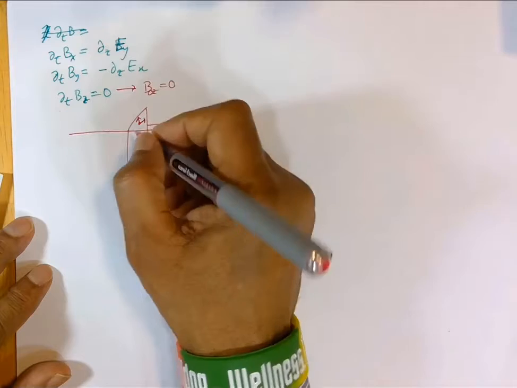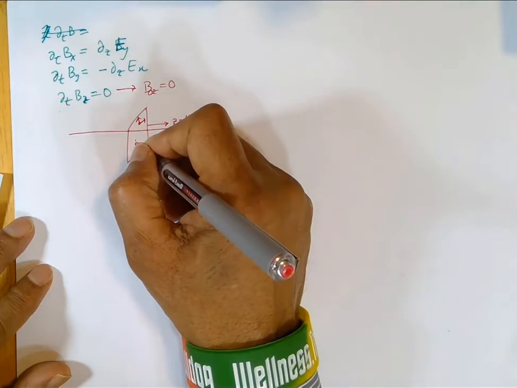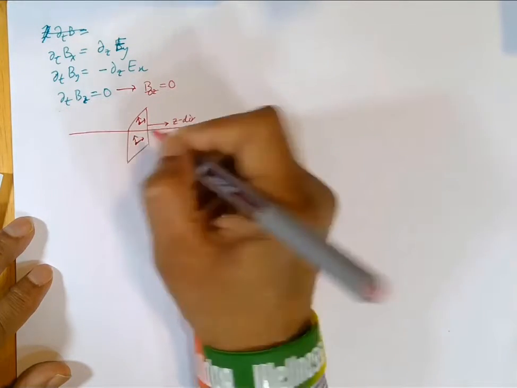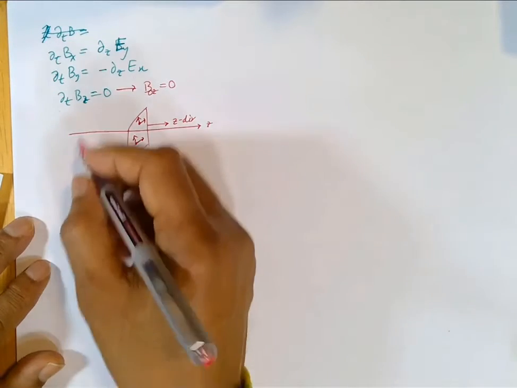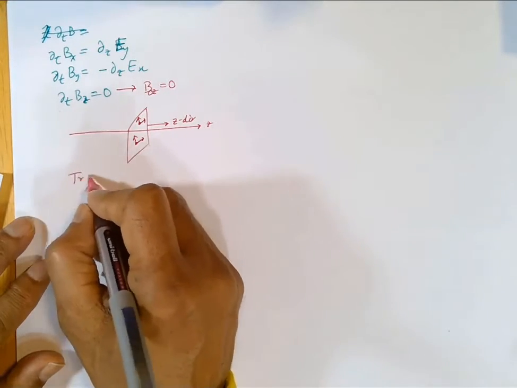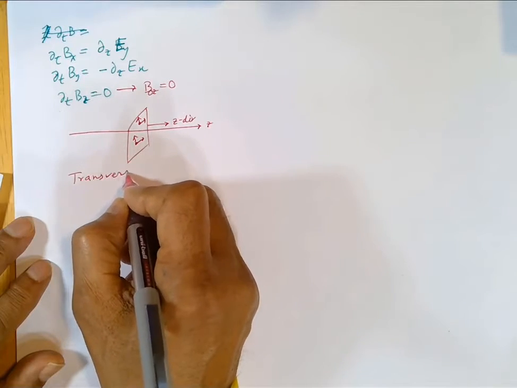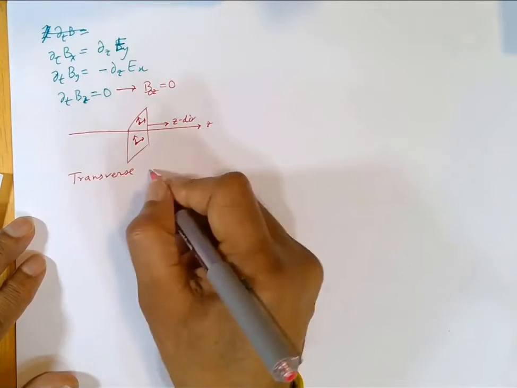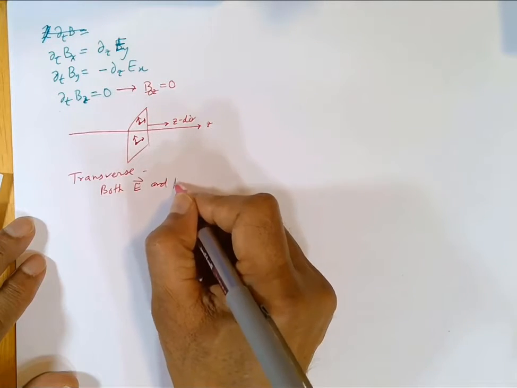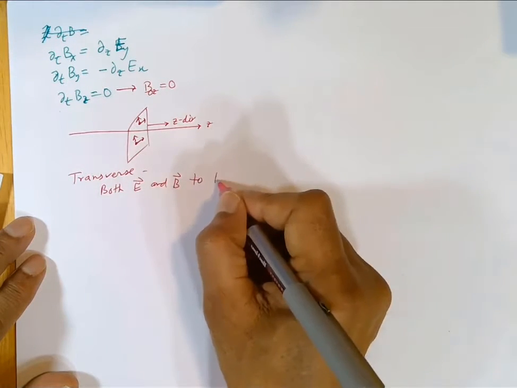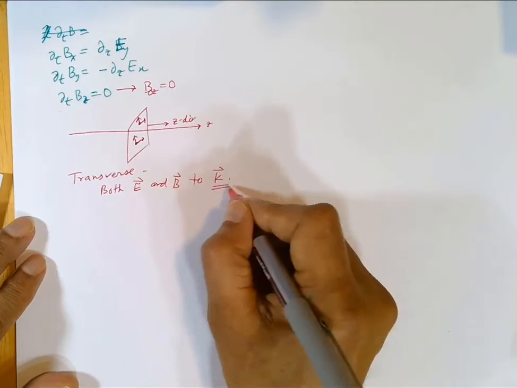We also see that magnetic field can also have only x and y components. So both electric field and magnetic field are transverse. Both E and B are perpendicular to the direction of the wave. This is the direction of the wave.